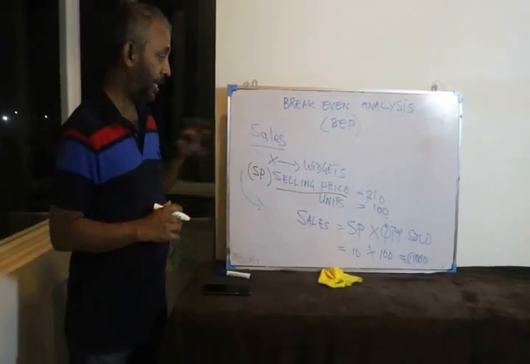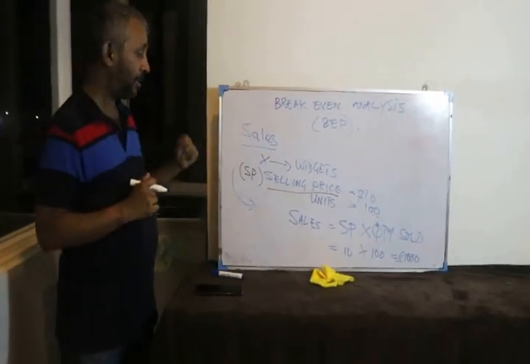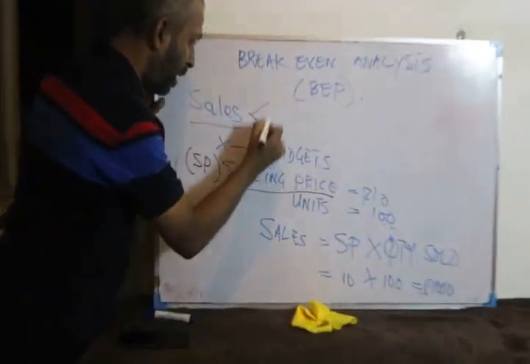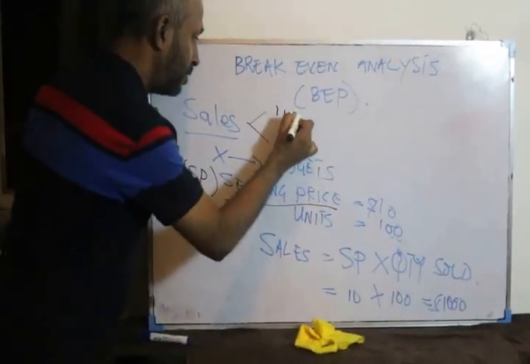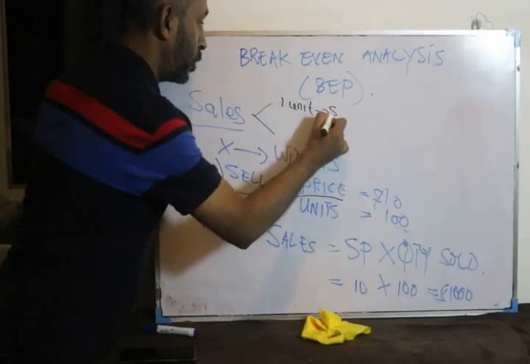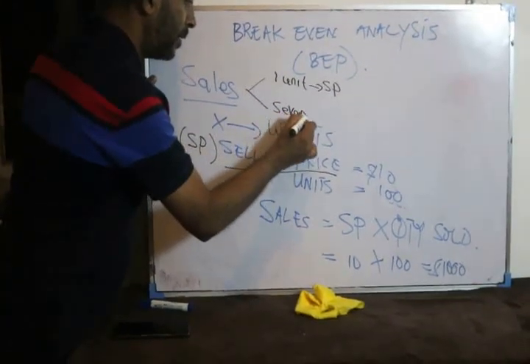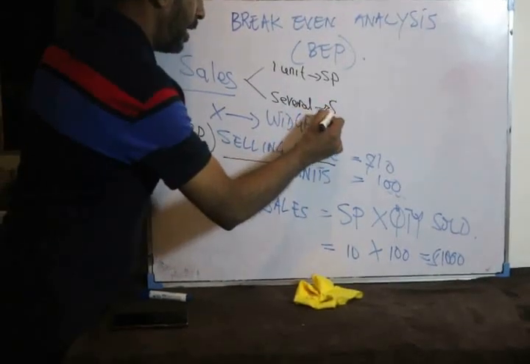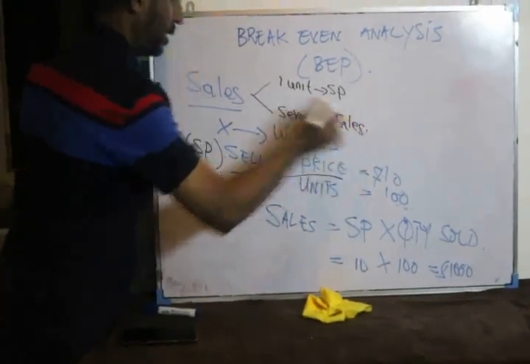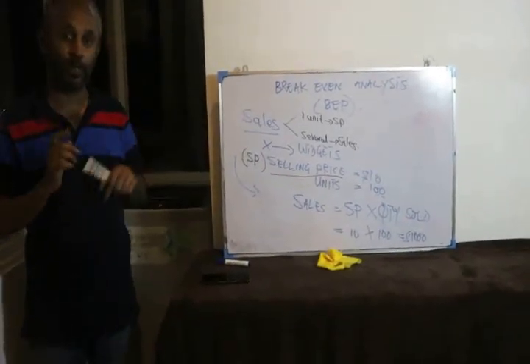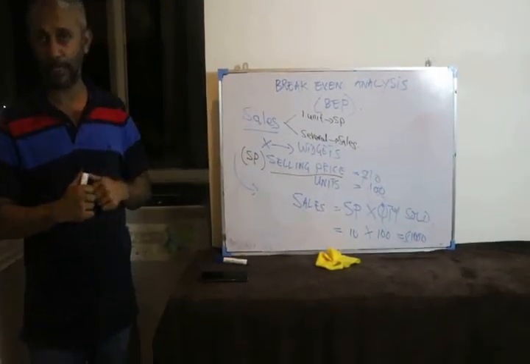So we are now very clear that for the first term, sales, for one unit it is referred to as selling price, and for several units we refer to it as sales. So this is the very first term that you need to be clear with, and that is sales.